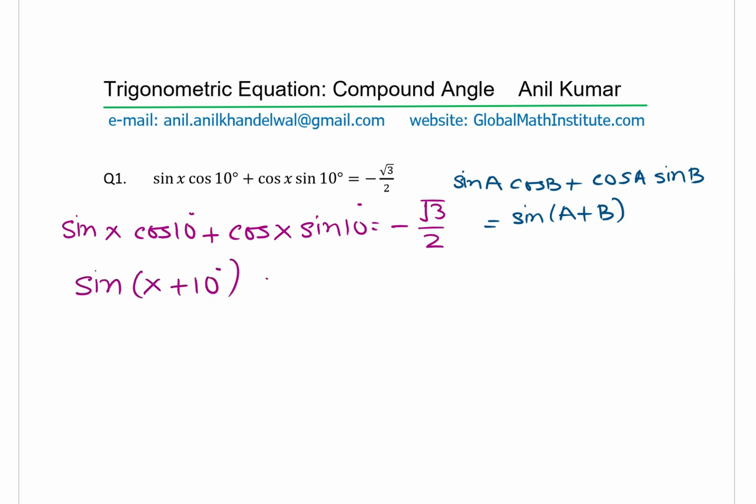Clear? Now, when is sine negative square root 3 over 2? That is what you have to figure out. So we know negative sign means we are looking into 2 quadrants which are 3 and 4, and that you get from the rule that all are positive in quadrant 1, right? Sine in quadrant 2, tan in 3, and cosine in 4.